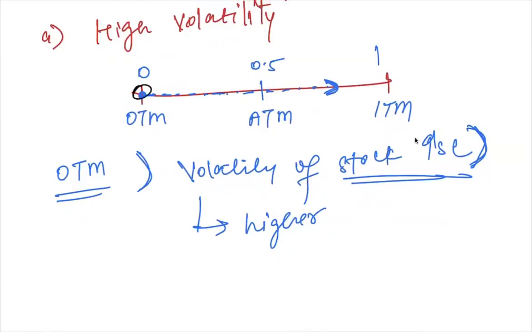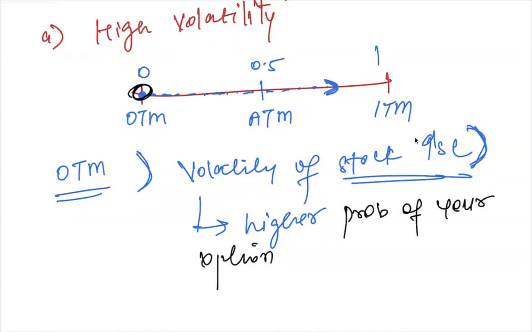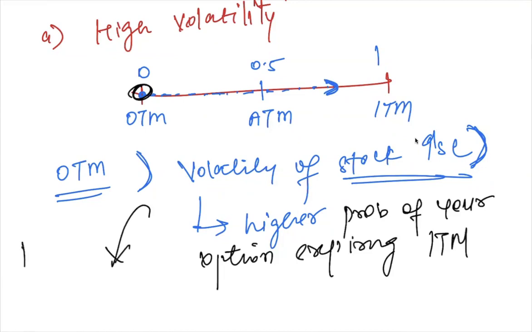If you are out of the money, you have a very high chance that your stock goes into the money. So there is a higher probability of your option expiring in the money. That's why for a higher volatility, you always see delta is high.